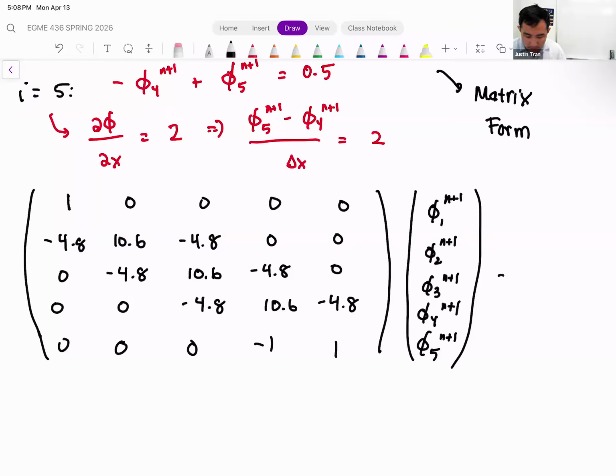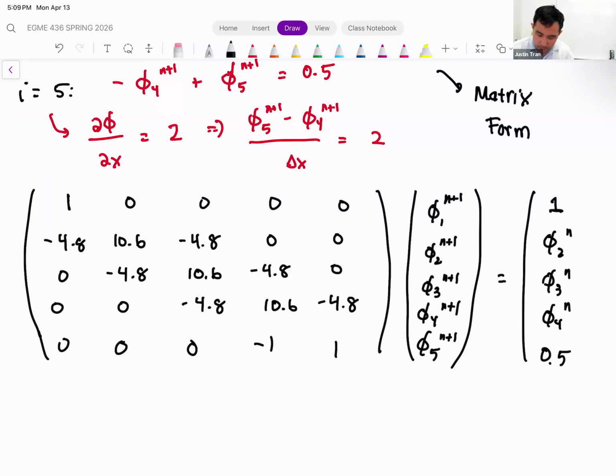And then on the right-hand side, we have 1, and then phi2 at n, phi3 at n, phi4 at n, and then 0.5.